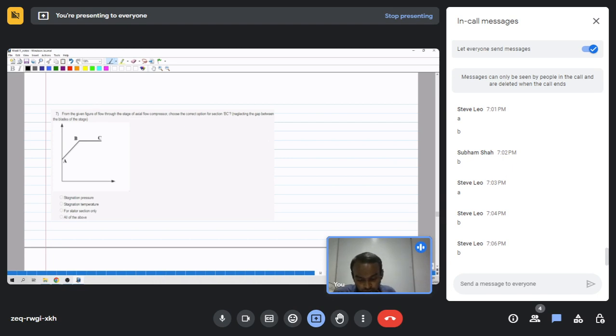From the figure of the flow through the stage of an axial flow compressor, choose the correct option for section BC. This BC is: stagnation pressure, stagnation temperature, stator section only, or all of the above.